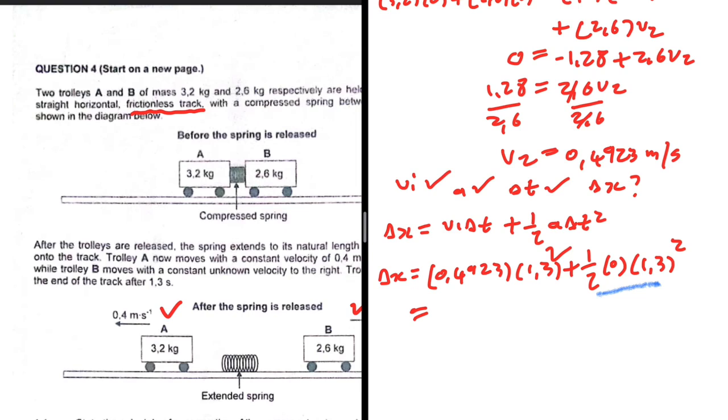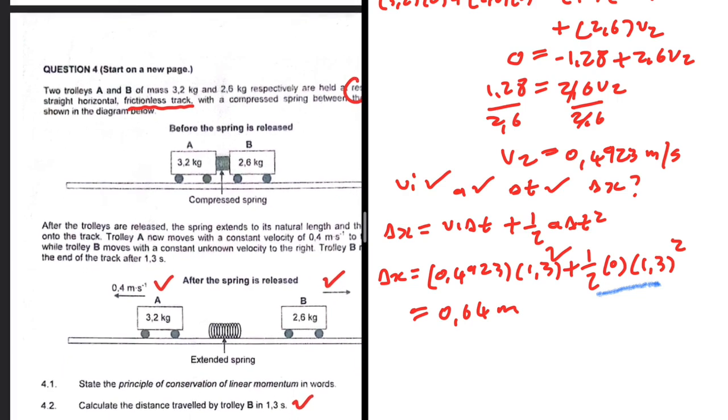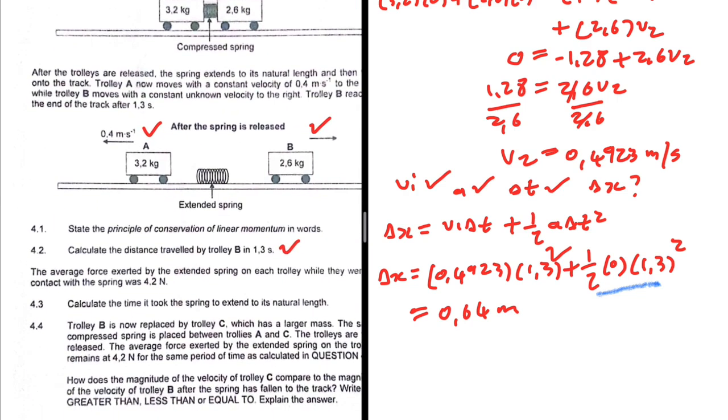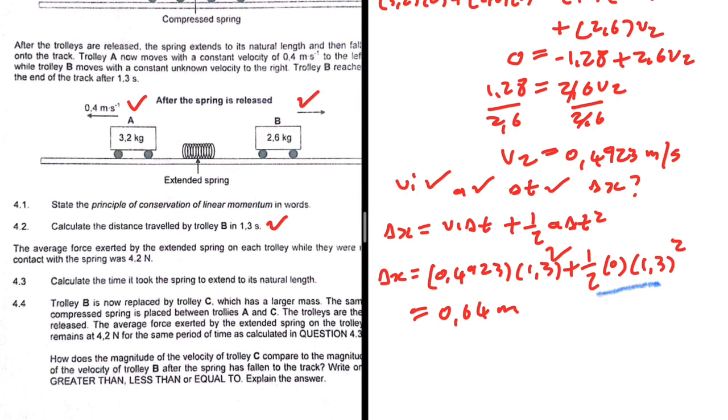So delta x equals 0.4923 multiplied by 1.3. Okay, I just substituted the wrong thing in my calculator. Multiply by 1.3. So let's take a look. I'm getting delta x equal to 0.64 meters. So there we go. That is the distance traveled by trolley B in 1.3 seconds.